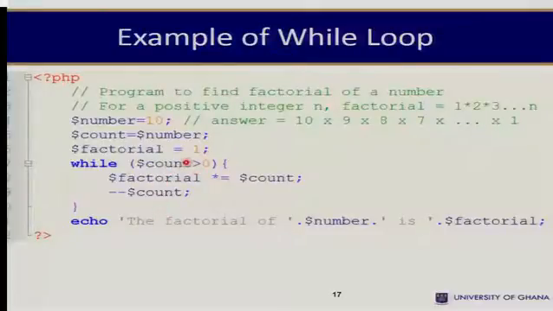This would be 9. So when we test this one, 9 is still greater than 0. That means that the loop will be executed again. So we'll come here and multiply whatever we have in factorial, which is at the moment 10, by whatever we have in count, which is at the moment 9, and store the result in factorial. Okay, then we reduce the count again.